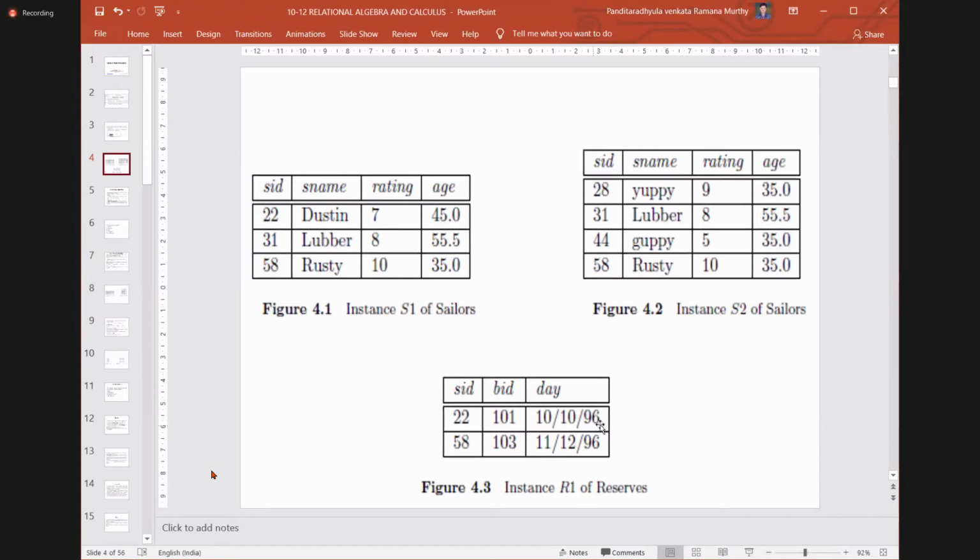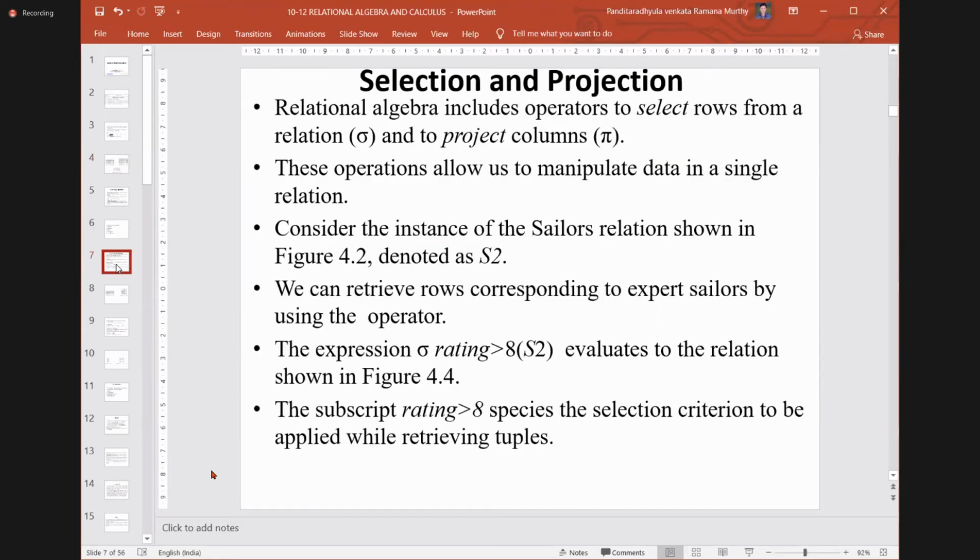Some instance of the relation on the reserves table we may call instance R1 of reserves, S1 of sailors, S2 of sailors. This is for reference. We can adopt these references in future applications also.